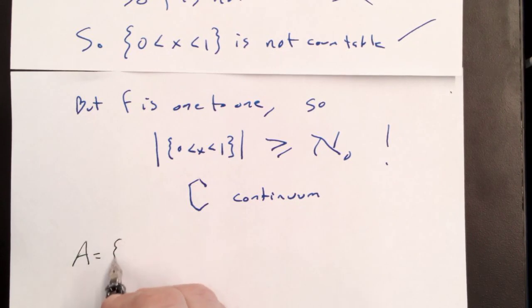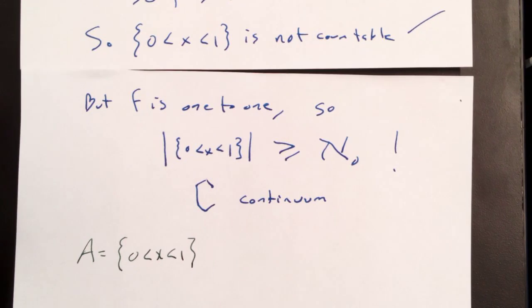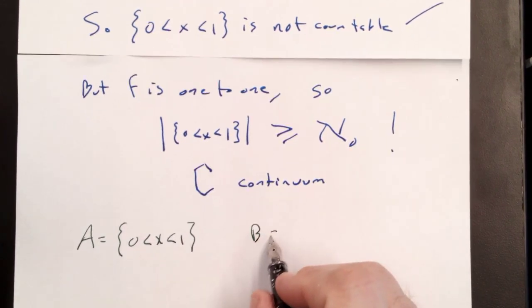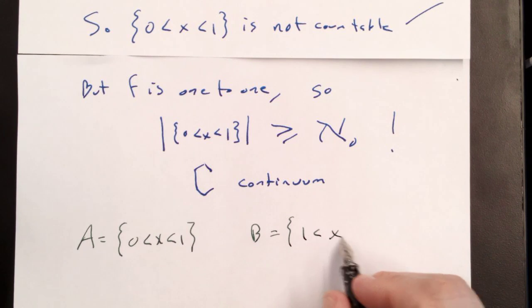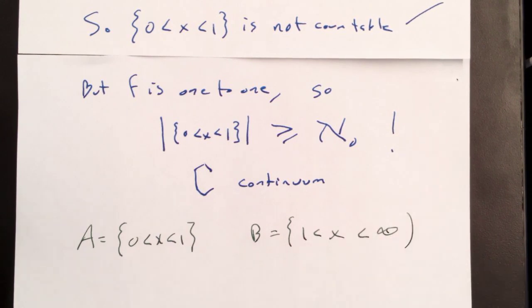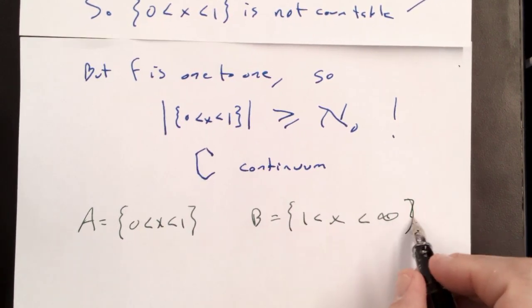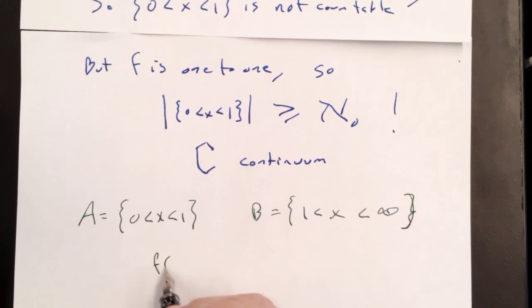Set A is the set from 0 to 1. Set B is the set from 1 to infinity. f of x equals 1 over x.